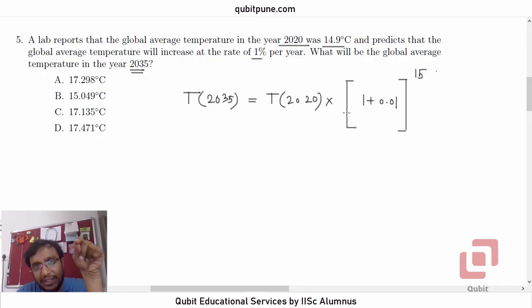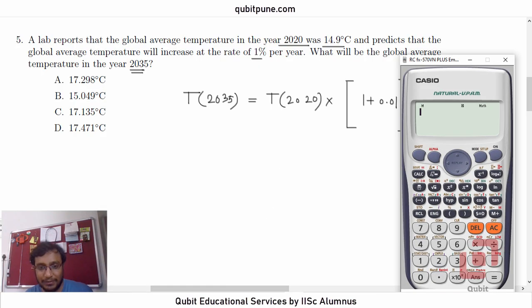Now here is something I'd like to emphasize. If you have the on-screen calculator, which I'm sure you will have, then if you calculate T2020 times 1 plus 0.01 raised to 15, it gives us the precise value. Let's first calculate it.